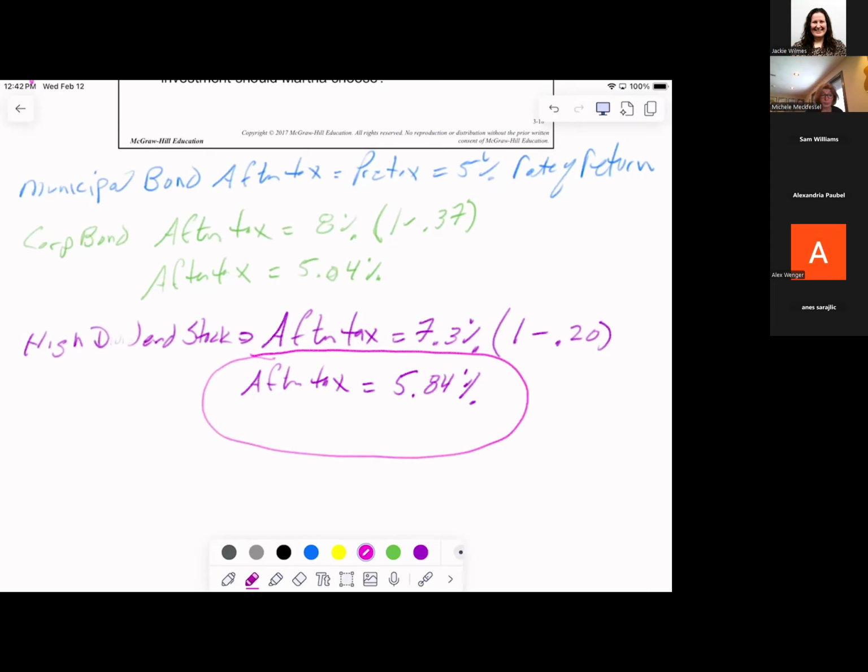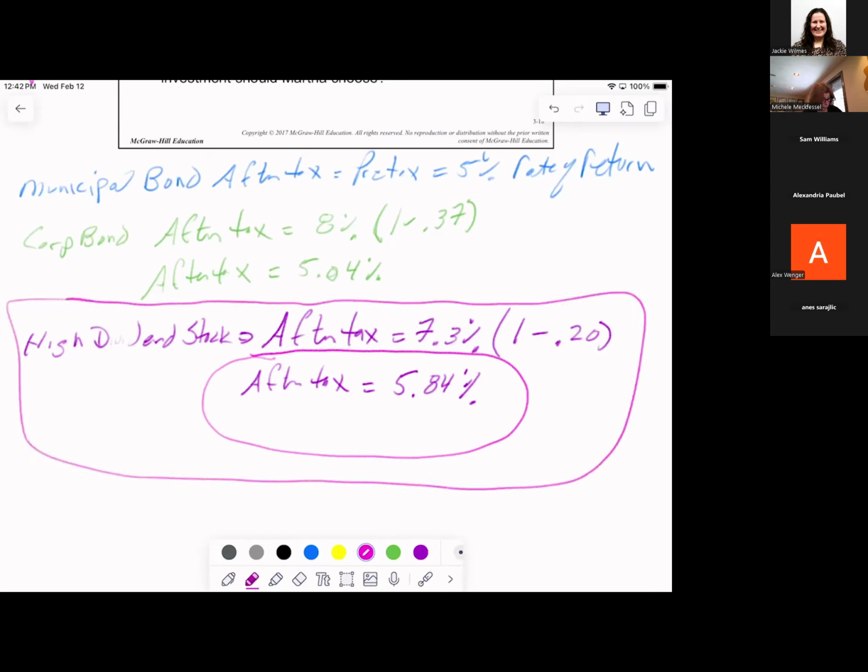Now, a very common question along these same lines is you could be given the information for this high dividend stock, for example, and be told that it has an after-tax rate of return of 5.84%.